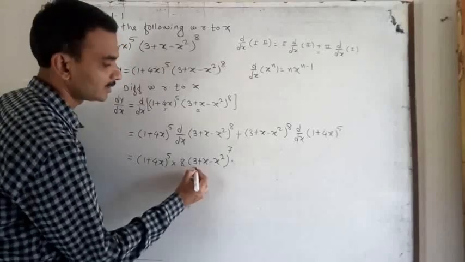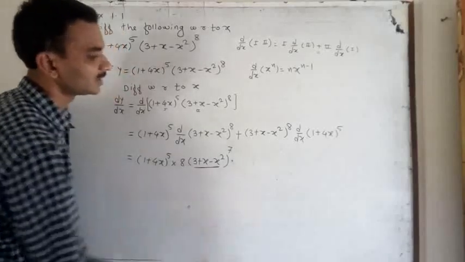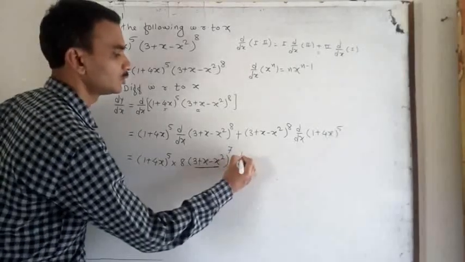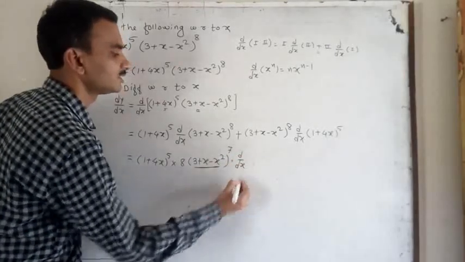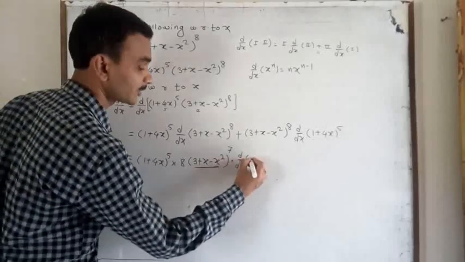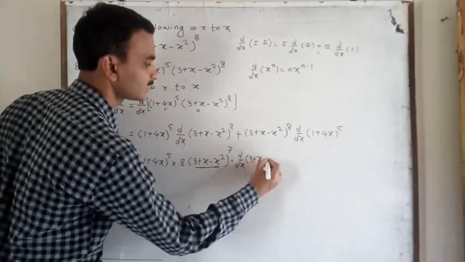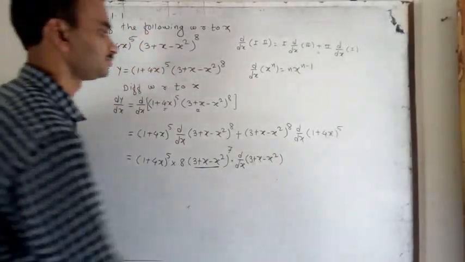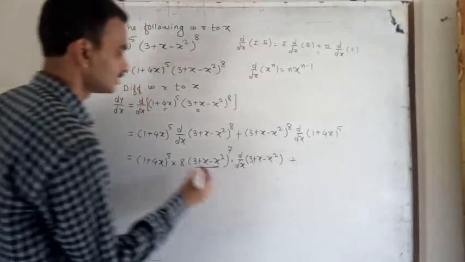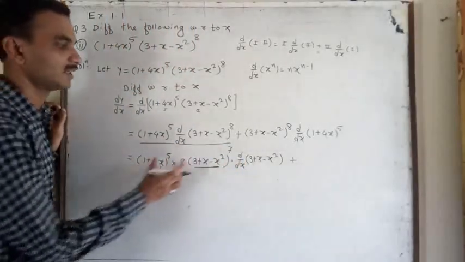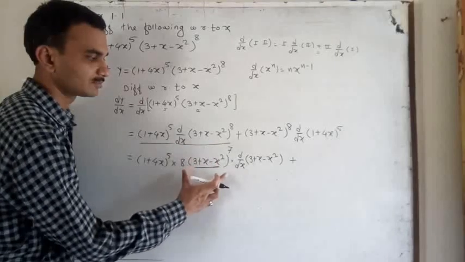And here there is a term in x. So we differentiate this internal term with respect to x, 3 plus x minus x square. This is our whole first term. This term is as it is, and we differentiate this term.